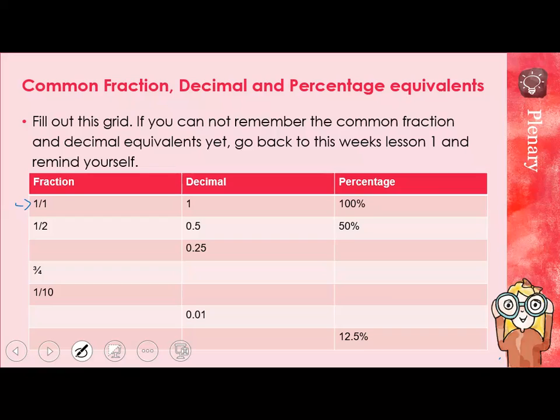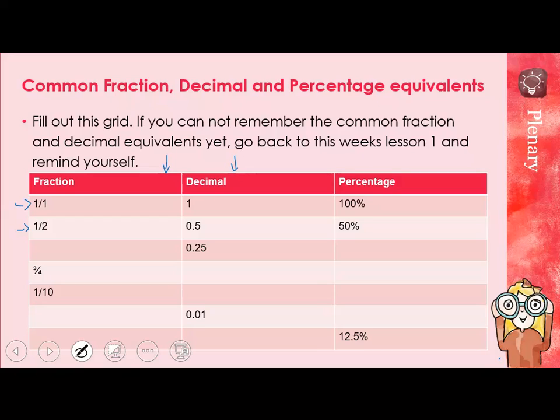1/1, 100%. Okay, now I've done the next one for you as well. The fraction is 1/2. The decimal equivalent is 0.5, and then the percentage is 50%. Okay, you need to fill in the rest of the gaps. Now, these two here, you need to know, remember, from the top of your head.